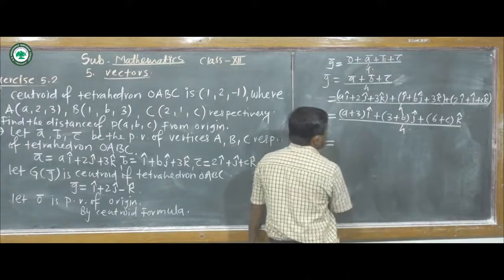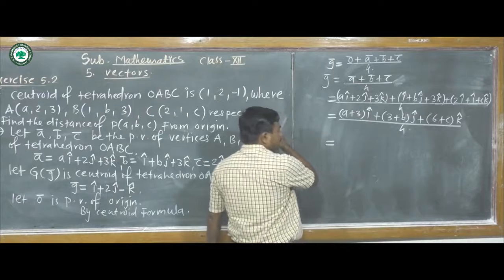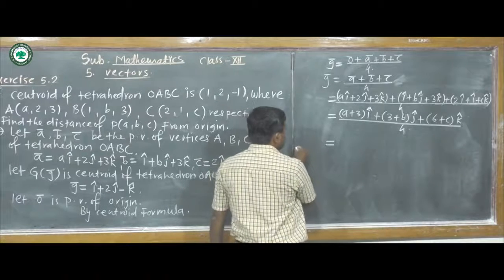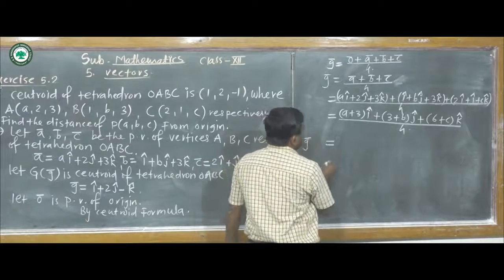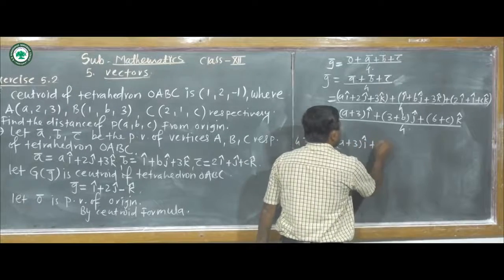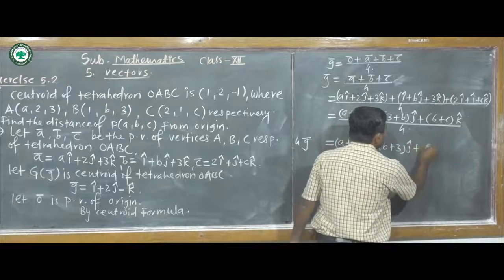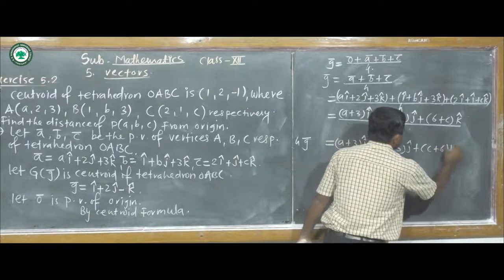Now shift this 4 to the left hand side, so it is 4 into g bar is equal to A plus 3 into i cap plus B plus 3 into j cap plus C plus 6 into k cap.